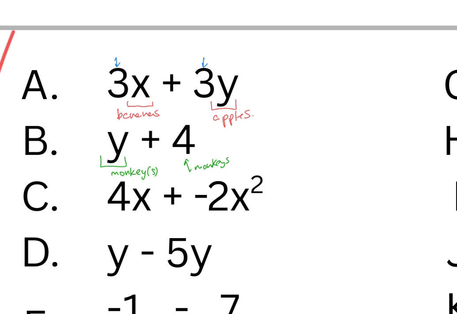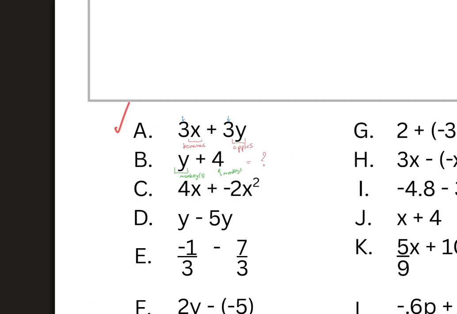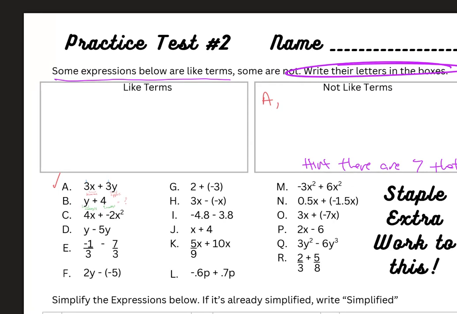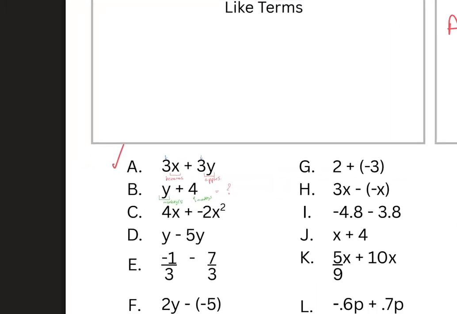If I have some amount of monkeys in the box plus 4, how many total monkeys do I have? The answer is I have no clue, because we don't know how many is in here, right? It could be 100, it could be 2, it could be 0, it could be 1,000. So it would change all of our answers. So that's why we say B is also not like terms, okay?